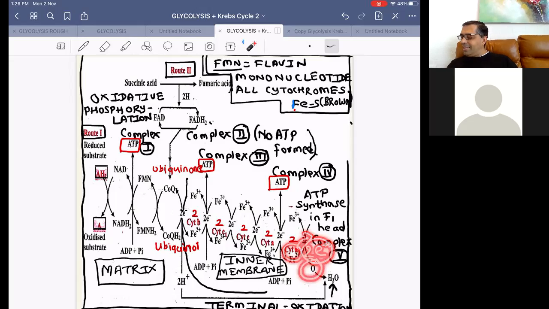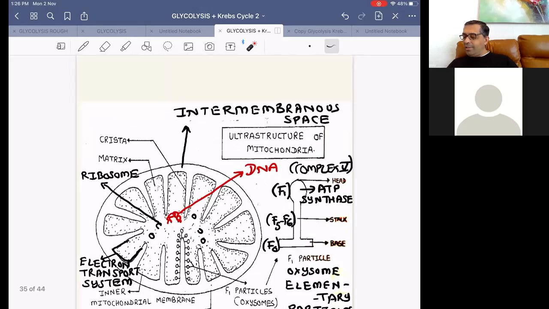And oxygen, where will it go? Oxygen with the 2 electrons will go from the inner mitochondrial membrane back into the matrix. और मैट्रिक्स में उसके इंतजार में है 2 प्रोटॉन.